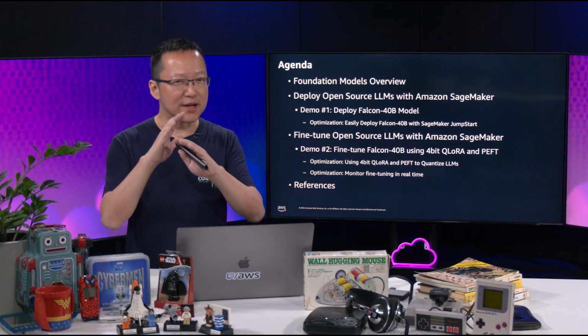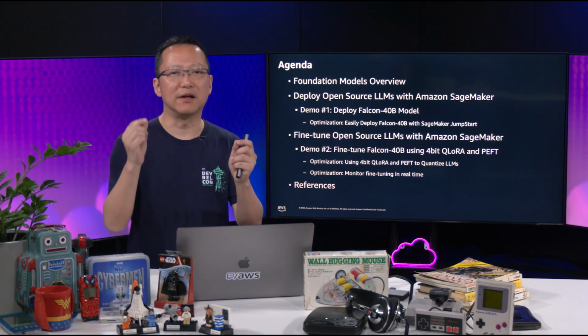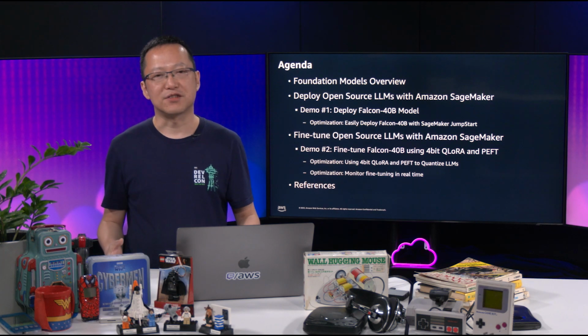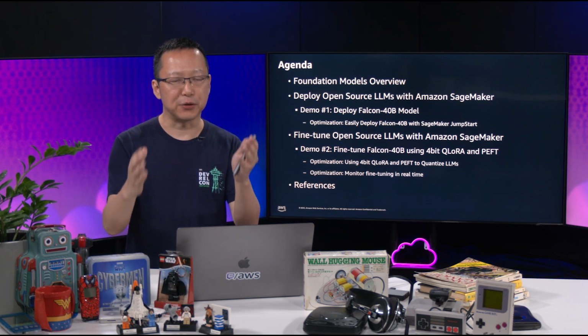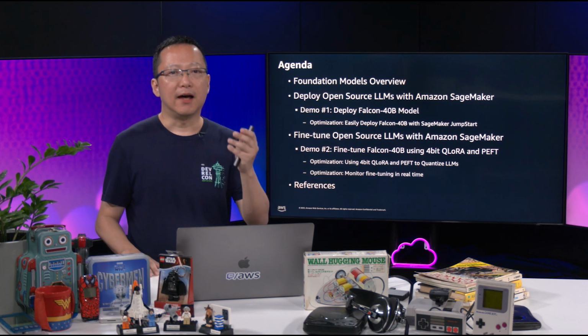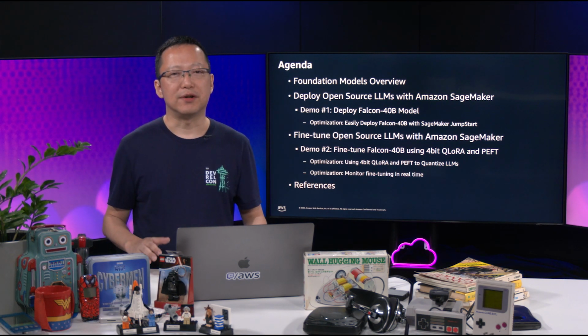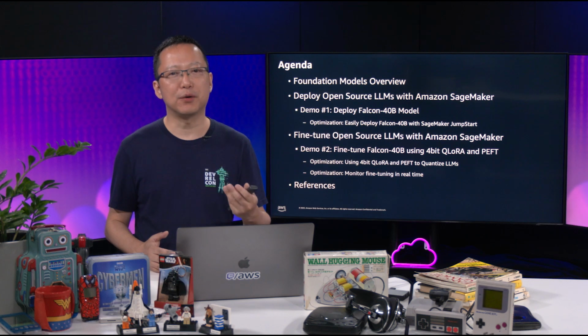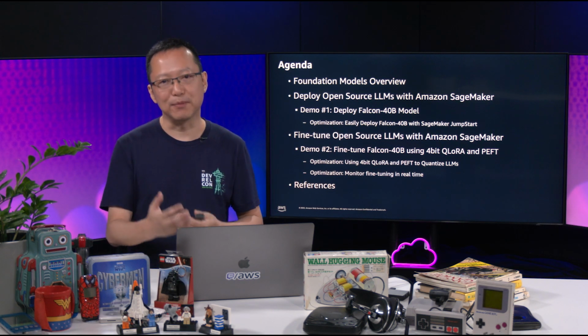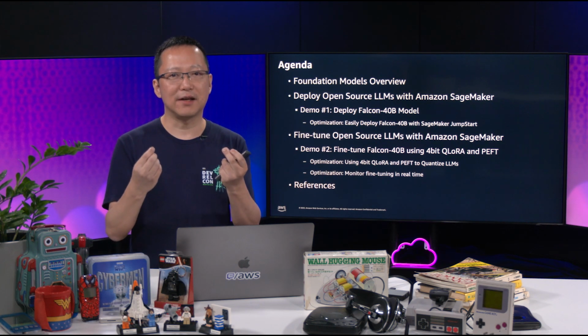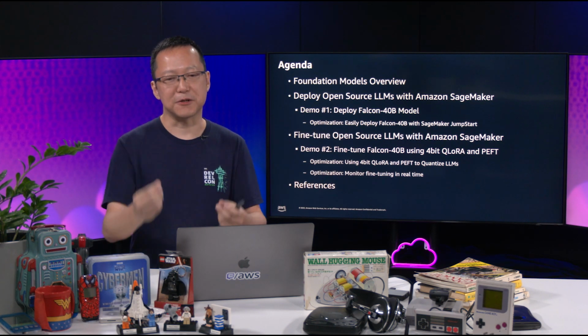Thus, we have to consider some of the most advanced methods, such as 4-bit quantization and PEFT fine-tuning. The next big challenge is real-time monitoring of the fine-tuning phase. We will show how Amazon SageMaker cleverly addresses these challenges.